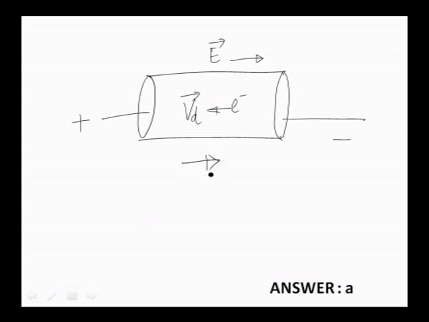The direction of the flow of conventional current is in this direction, and electron means negative charge, it is moving in this direction. The positive charges are moving in this direction, therefore the current density is in this direction. Similarly, the area vector is also in the same direction. From this diagram we conclude that the electric field, the current density and the area vector are all in the same direction. Only the drift velocity is opposite to this. Therefore, the correct option for this is A.